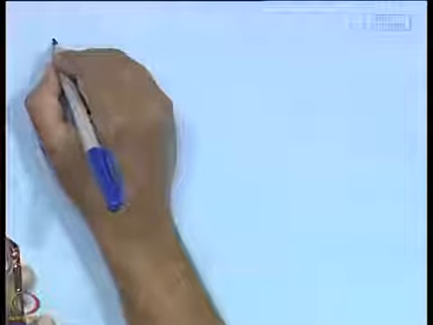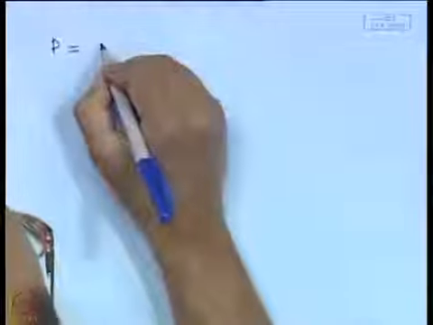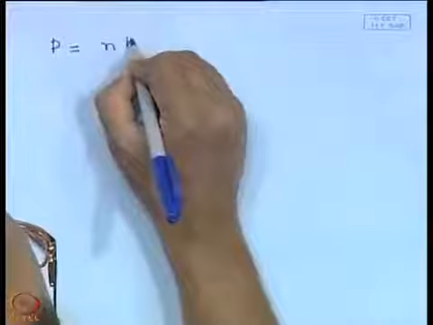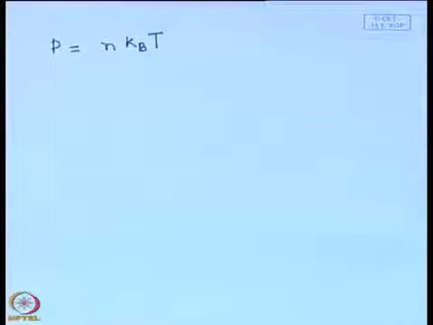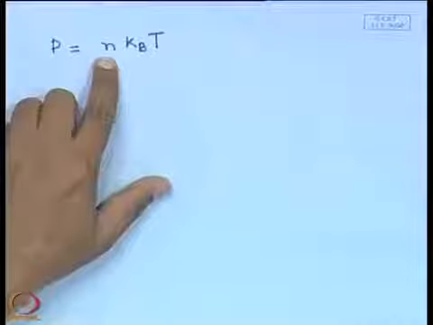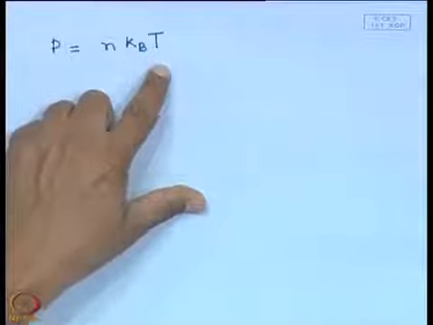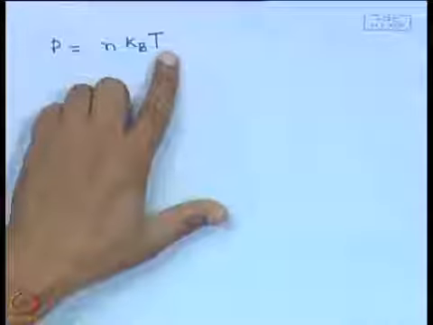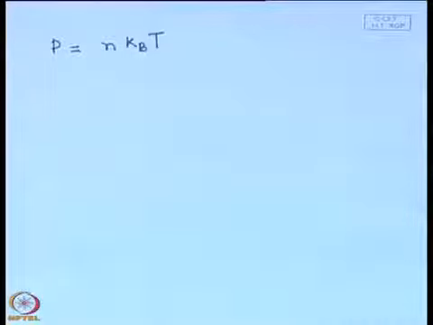Okay. So for any gas, if it is an ideal gas, then the pressure and the temperature are related as follows. The pressure is equal to the number density of particles times the Boltzmann constant times the temperature. So if you know the pressure, and you know the number density, you can determine the temperature.